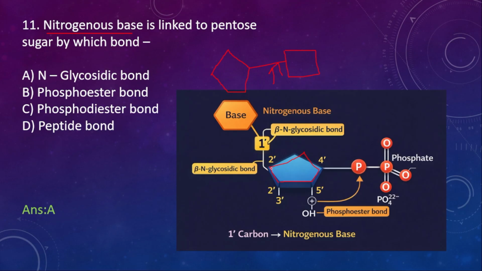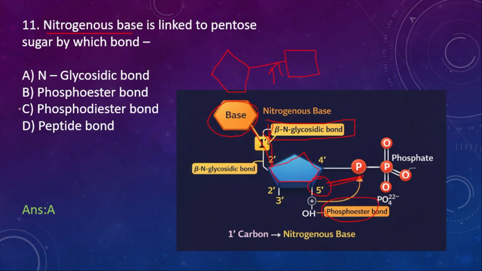In this pentose sugar, if the nitrogenous base is attached, it is attached by a bond which is called what? Beta N-glycosidic bond. And the phosphate group is attaching to the fifth carbon of the sugar, and that attachment is said to be what? Phosphoester bond. Phosphoester bond.